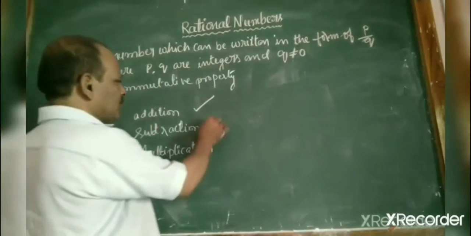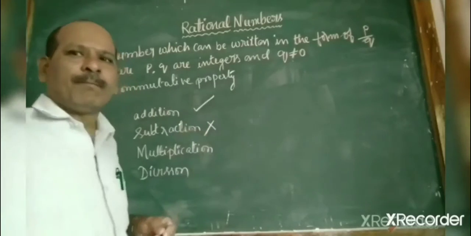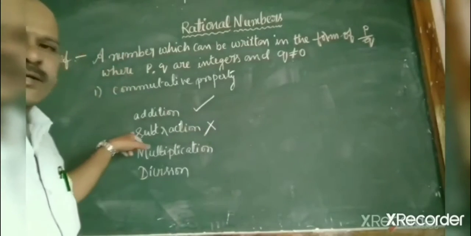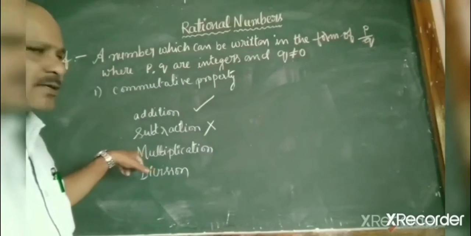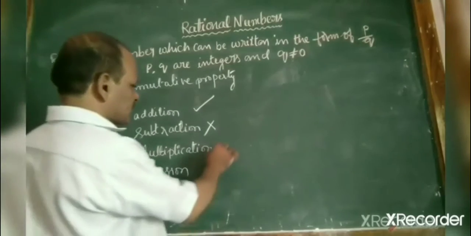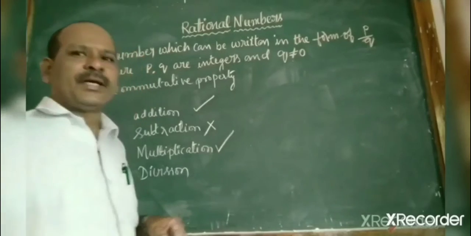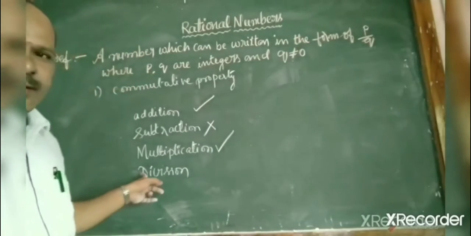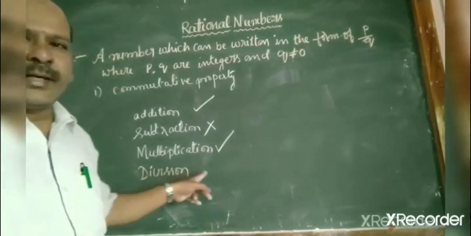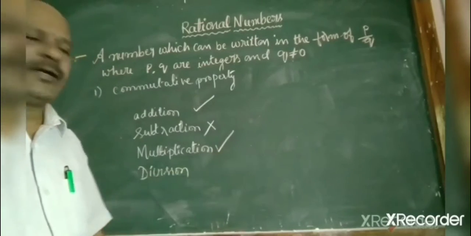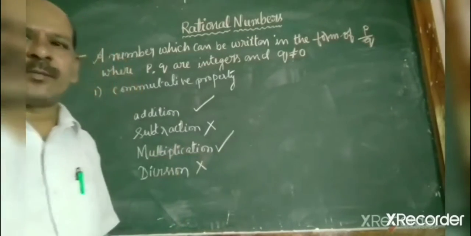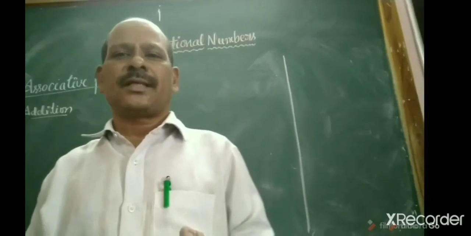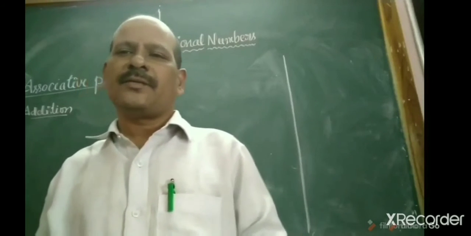No. A minus B is not equal to B minus A. So rational numbers are not commutative under subtraction. Next, multiplication. Are rational numbers commutative under multiplication or not? Yes. A into B is equal to B into A. Finally, division. A divided by B is not equal to B divided by A. So rational numbers are not commutative under division.